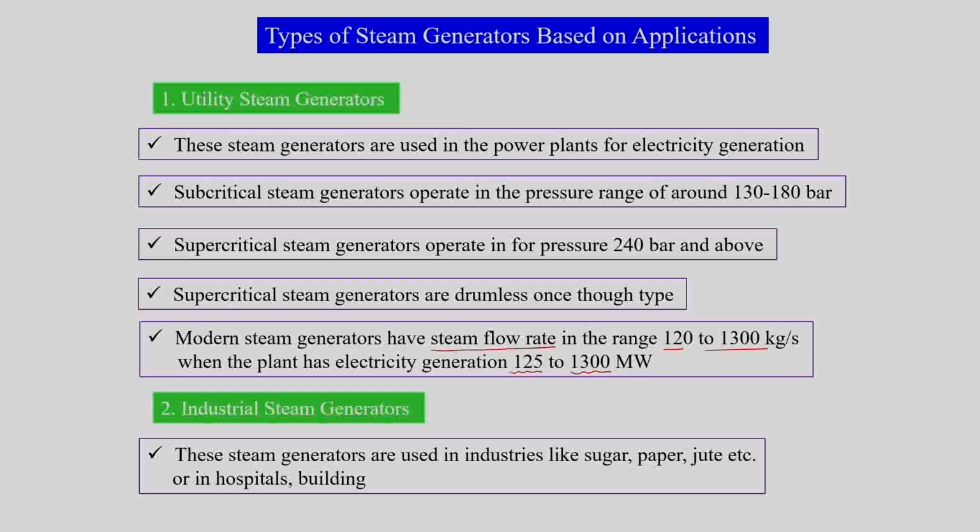The second type of steam generator is the industrial steam generator. These steam generators are practically used for processes where steam is a high temperature source, and we have seen that those processes are in industries like sugar, jute, paper, or in house heating kinds of applications.